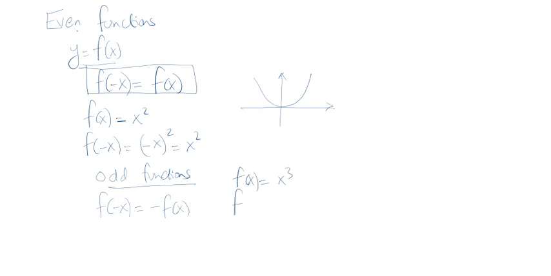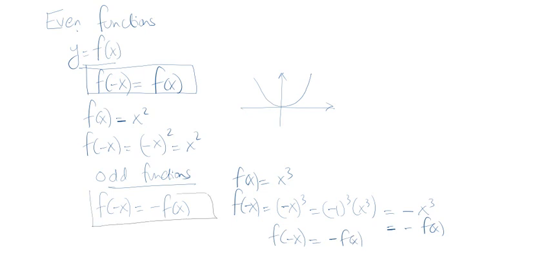So if I replace minus x in it, I get (minus x) cubed, which is the same as (minus 1) cubed times x cubed, which is minus x cubed, which is actually minus f(x), because f(x) was x cubed. So we are able to establish that relationship, which is f(-x) is the same as -f(x).